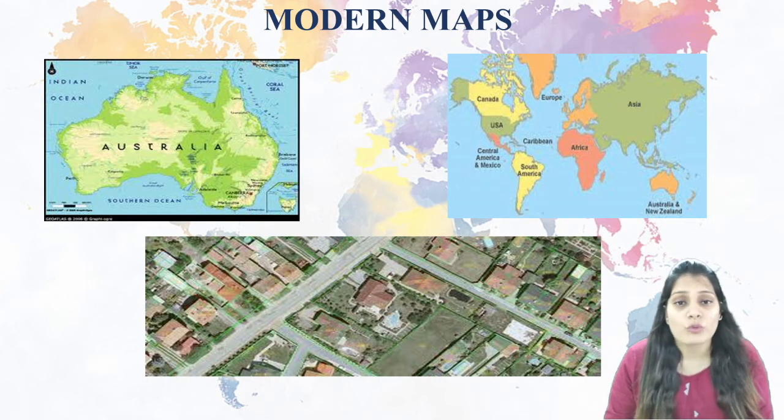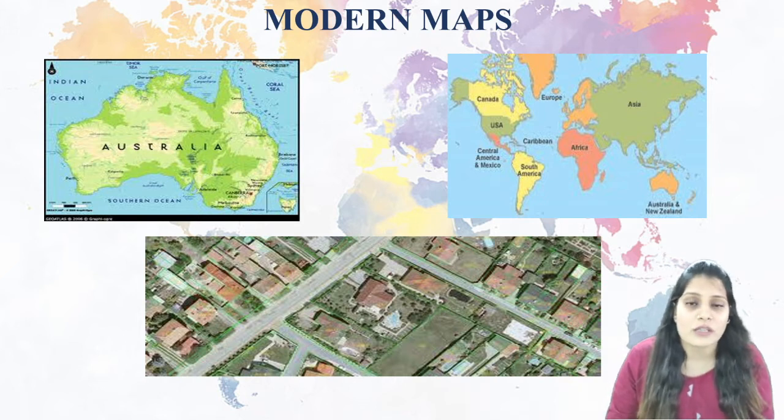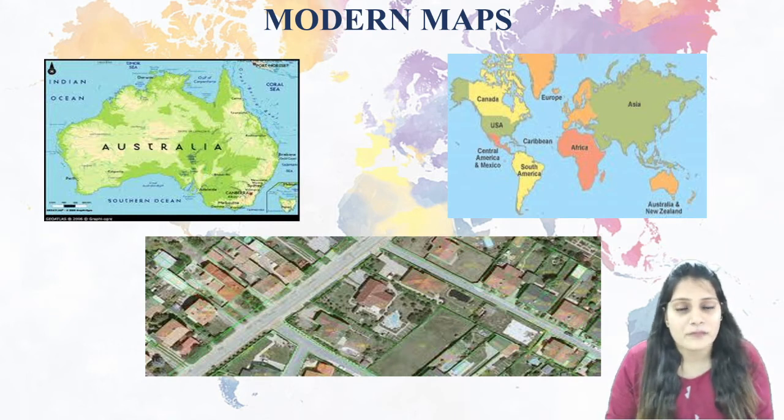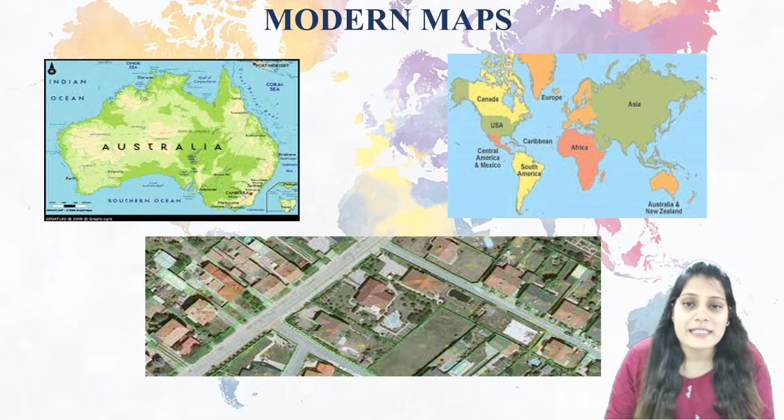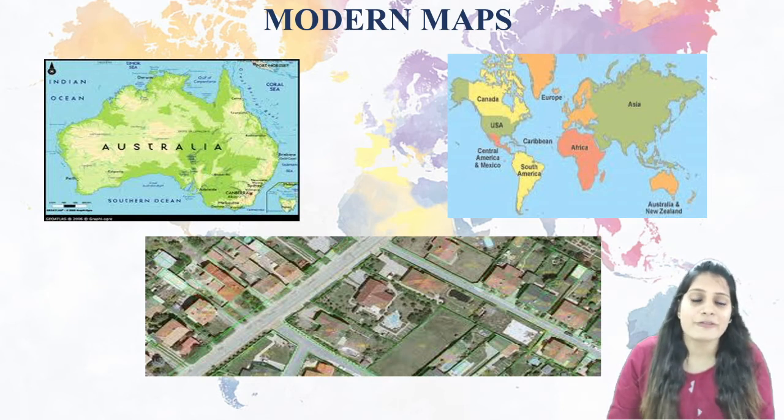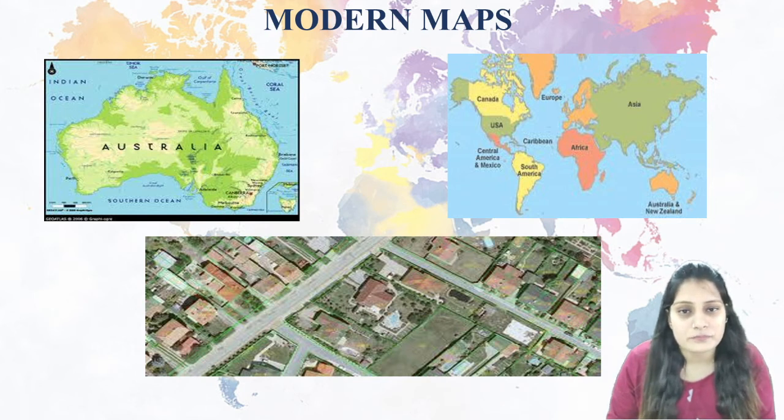What is more, what is less, which continent is famous for which. Every piece of information can be predicted with this main geographic location, that is a map, right? A map is basically a visual interpretation. What you can see in the photograph, you can analyze, right?